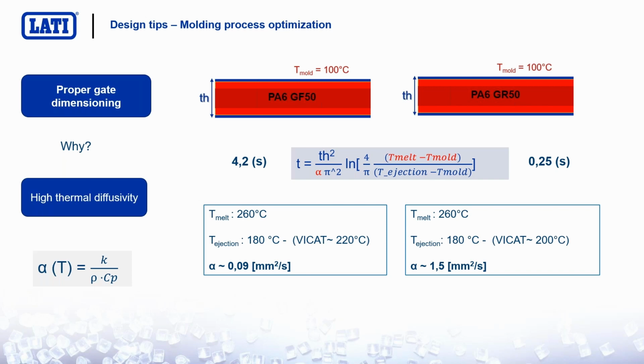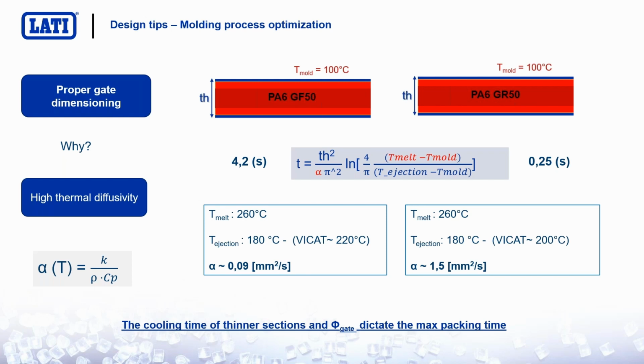So we have much less time at our disposal to properly inject and complete the packing phase. The cooling time of the thinner sections and the gate, the dimension of the gate, so dictate the maximum packing time.